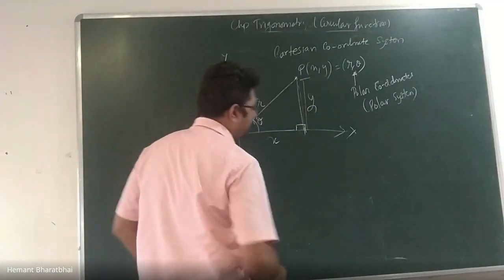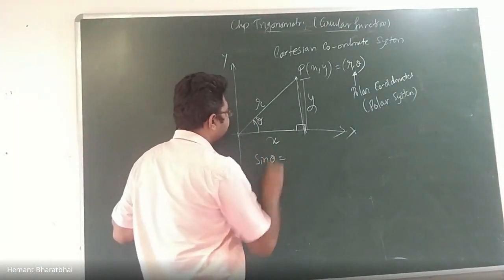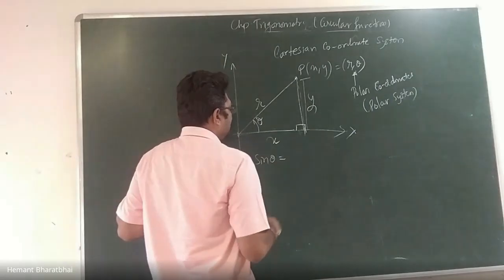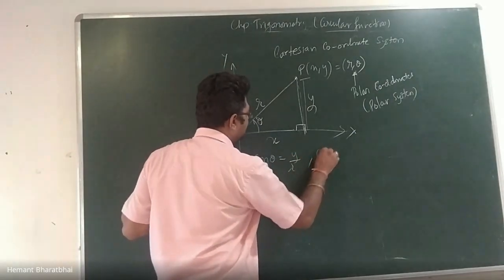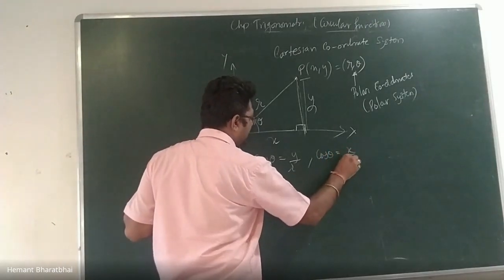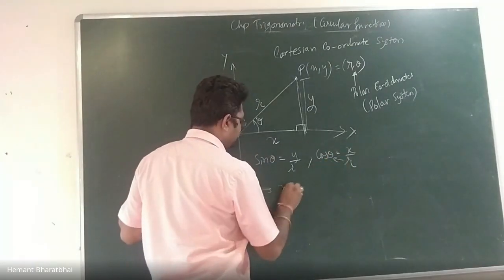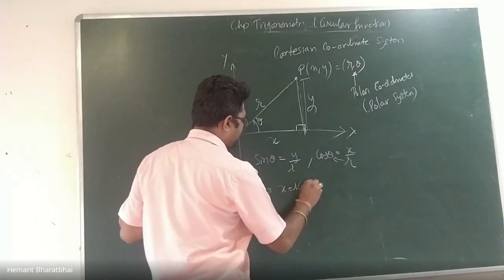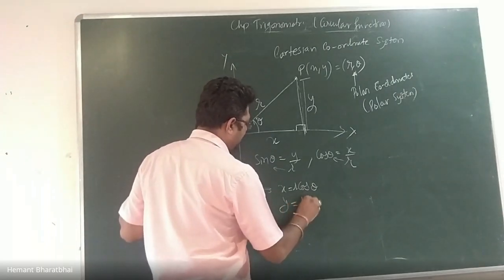If I apply trigonometry, it's easy. I can write sine of theta is equal to opposite upon hypotenuse, and similarly cos of theta is equal to adjacent upon hypotenuse. Hence this r goes over here, I can write x is equal to r cos theta. R goes over here, I can write y is equal to r sin theta.